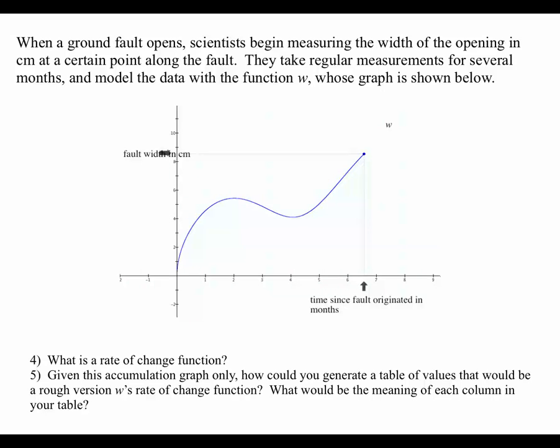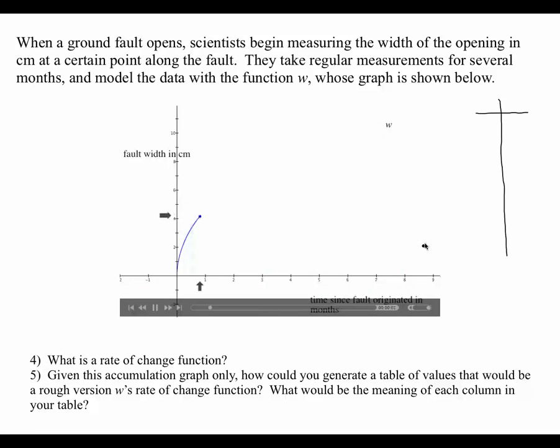So it's a relationship of the input being time in months. And this goes to our column. So what would our columns be in our table? We're going to make a table that represents a rate of change function. What quantity will the first column represent?